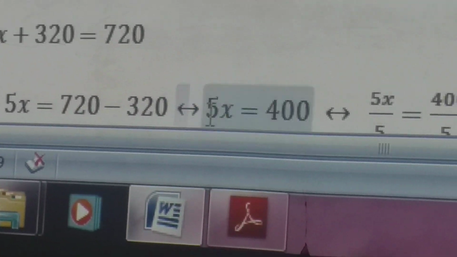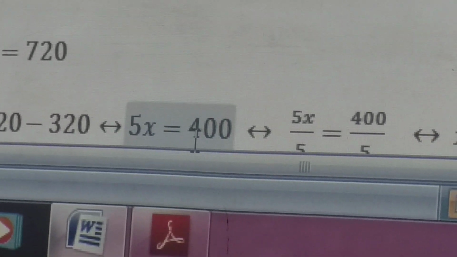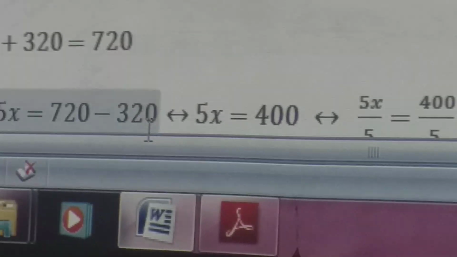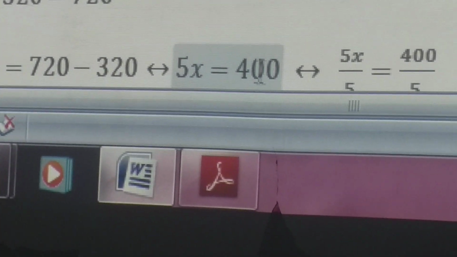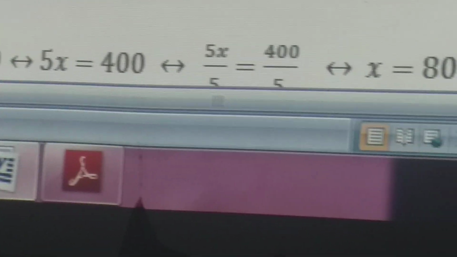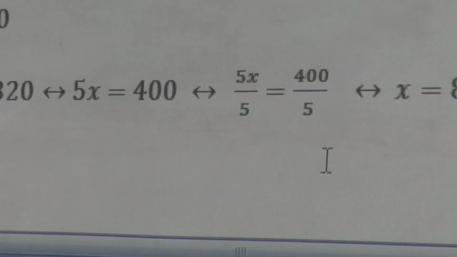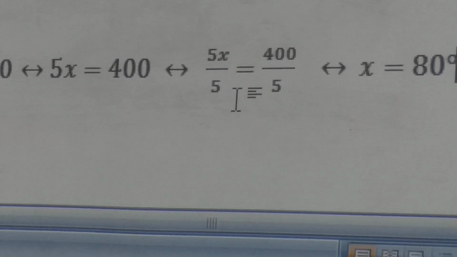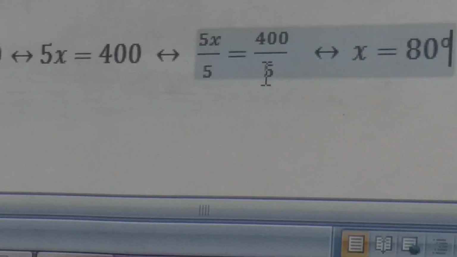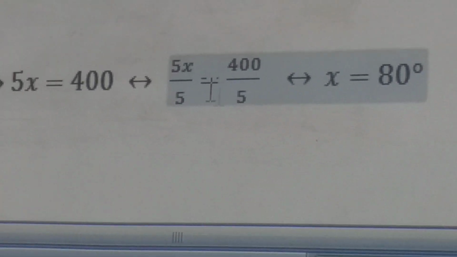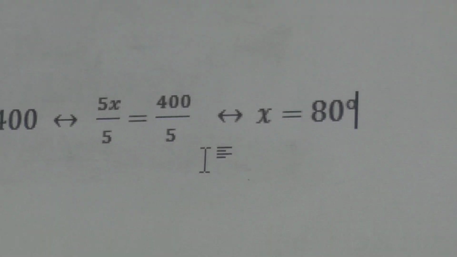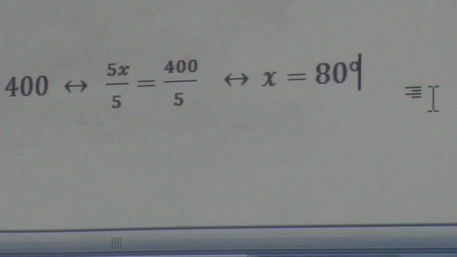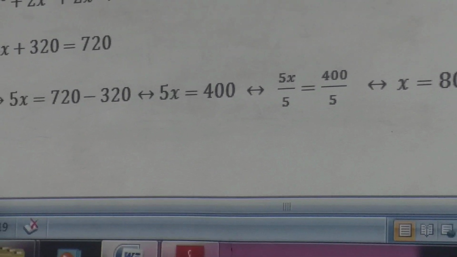That implies 5x is equal to 400. Then for x, we divide both sides by 5, such that 5 and 5 on this side cancel off. We are left with x equal to 400 over 5, which is 80 degrees.